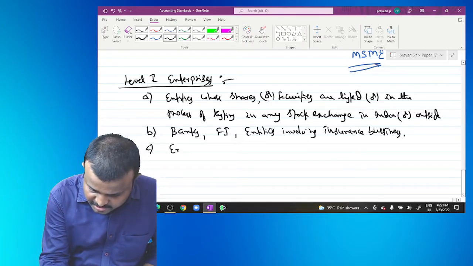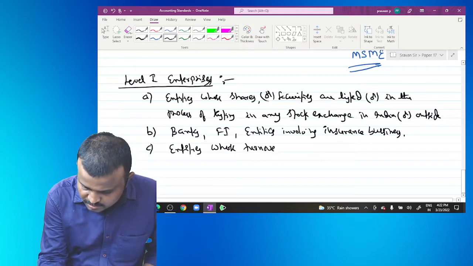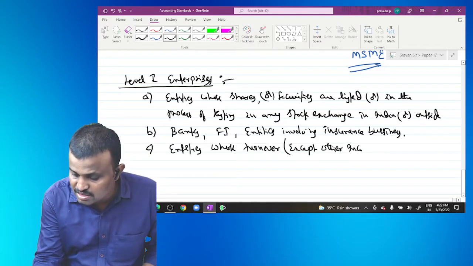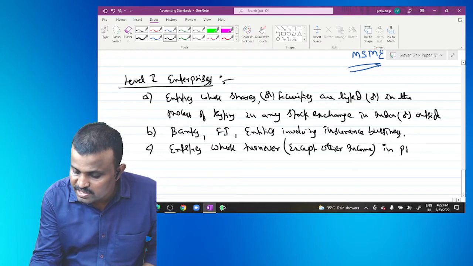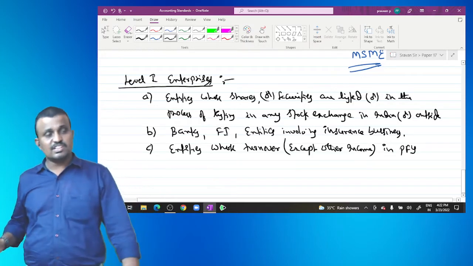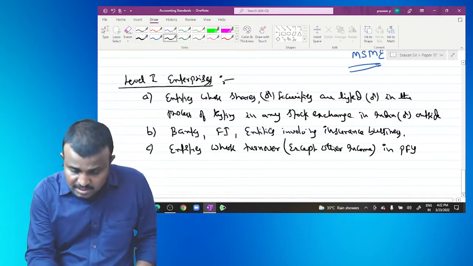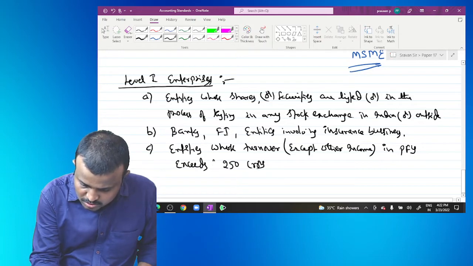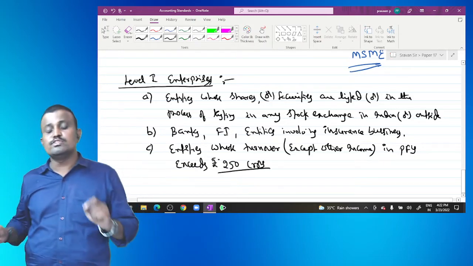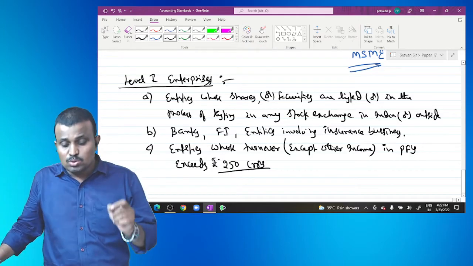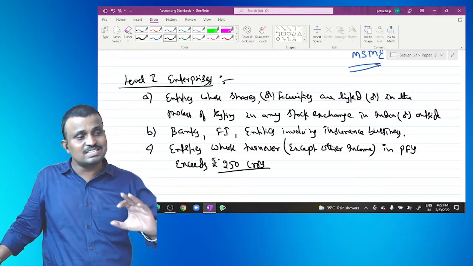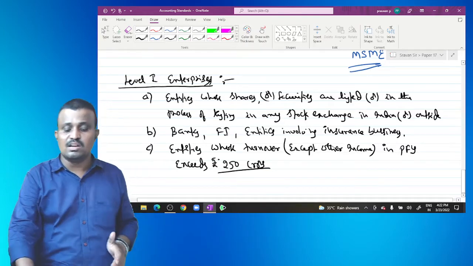Then entities whose turnover, excluding other income, in the preceding financial year exceeds 250 crore rupees. Entities whose turnover excluding other income in the previous financial year exceeds 250 crore are covered under level 1 enterprise.